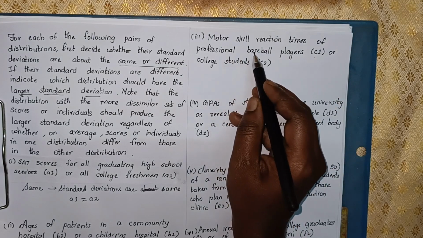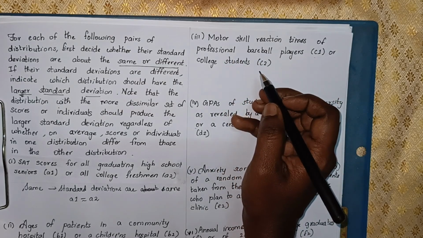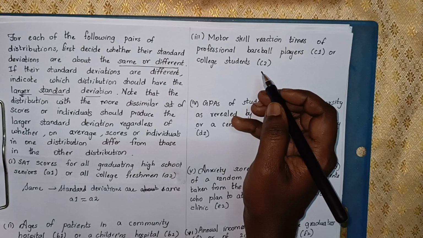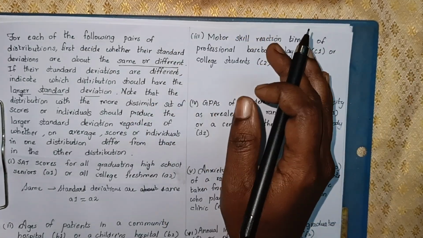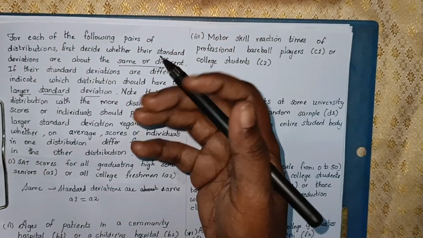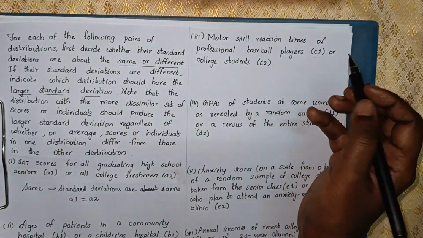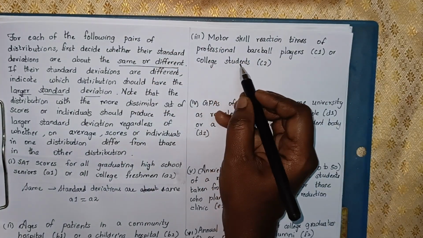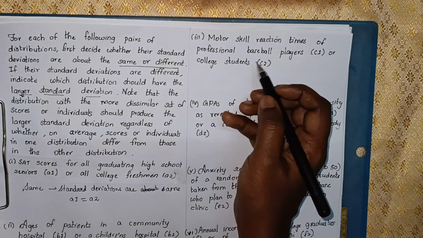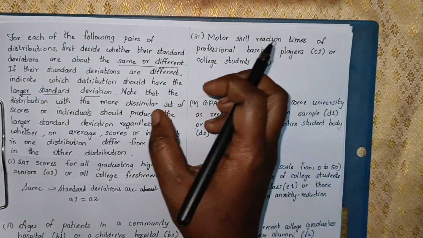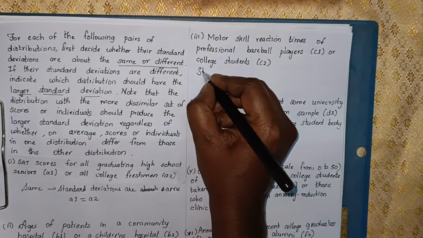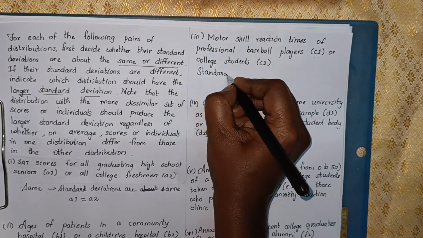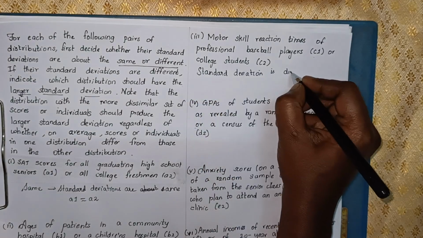Baseball players always take similar exercise and similar practice, so their motor skills will be almost similar and there won't be much standard deviation. But with college students, each person's ability will be different, so there will be a lot of deviation. So here we can say the standard deviations are different.